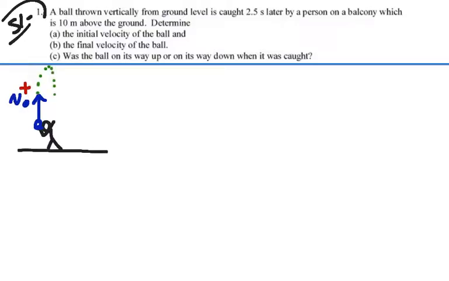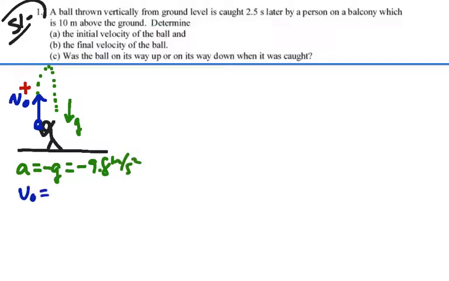And as this goes up and comes down, it'll be under the acceleration of gravity, which is always down towards the center of the earth. So our acceleration in this case is going to be equal to negative g, or a negative 9.8 meters per second squared. Our initial velocity is indeed defined to be positive.